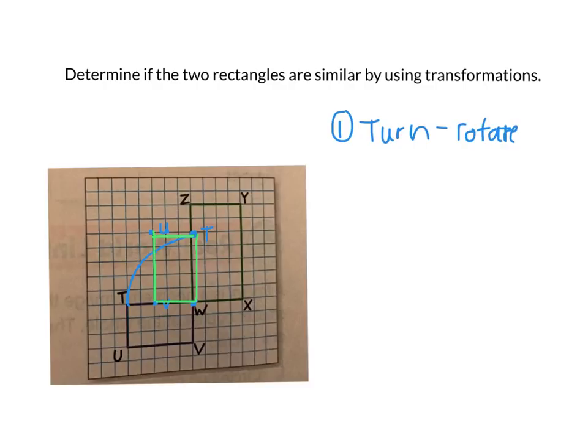So now that I have the orientation the same, I can look to translate or move my shape so that it lines up. In this case, I don't have to move it very far. I actually only have to translate my rectangle 3 units right.